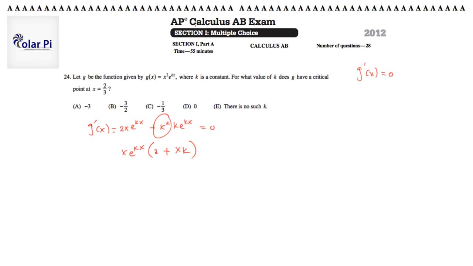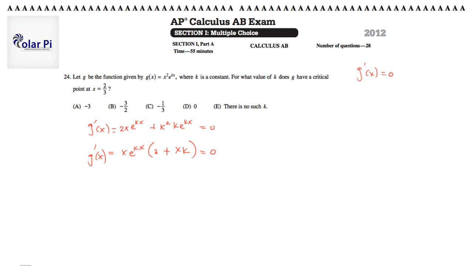Because we would have taken an x out of that, so we'll have an x remaining, and then we took out e to the kx, so we should just have an x times k. So since this is also equal to g prime of x, setting g prime of x equal to 0 is the same as setting this thing equal to 0.